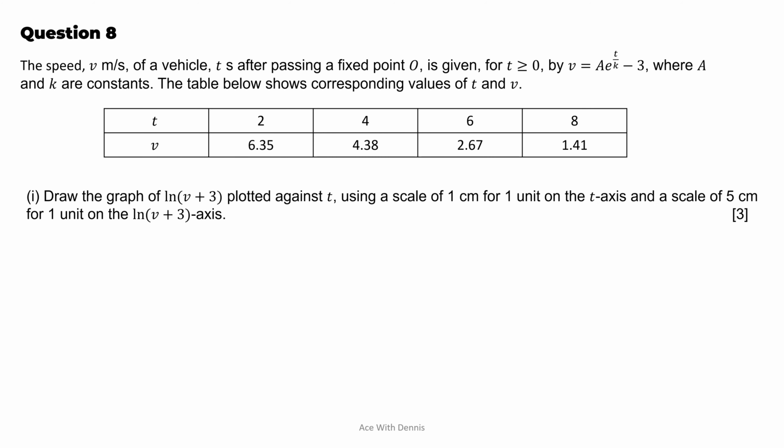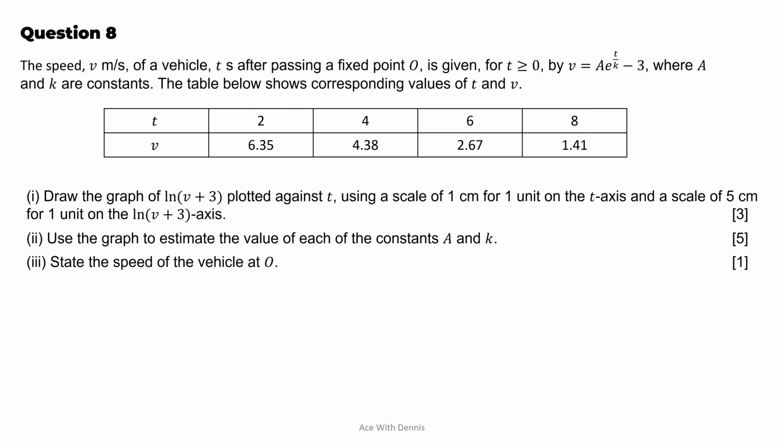So here's the table. The first question, draw the graph of ln v plus 3 plotted against t using a scale of 1 cm for 1 unit on the t-axis and a scale of 5 cm for 1 unit on the ln v plus 3 axis. 3 marks. 2. Use the graph to estimate the value of each of the constants a and k. 5 marks. 3.